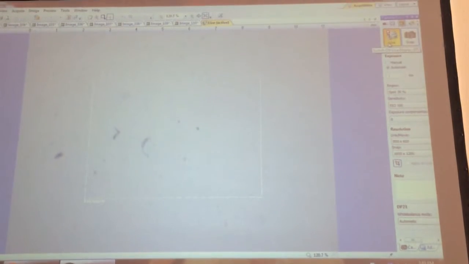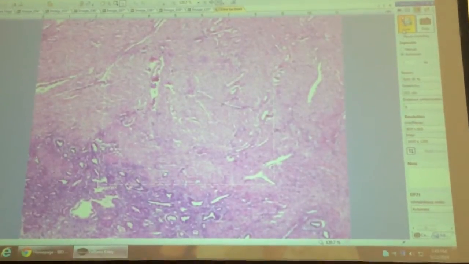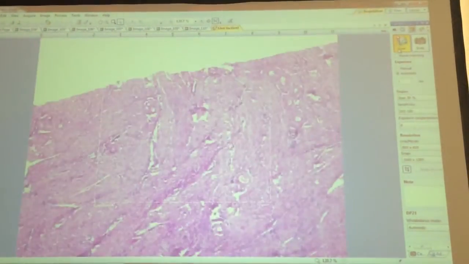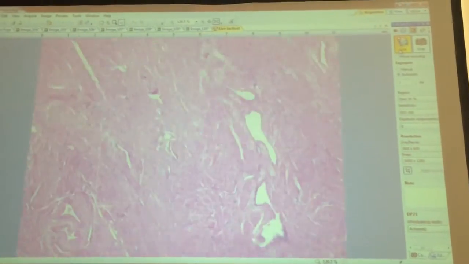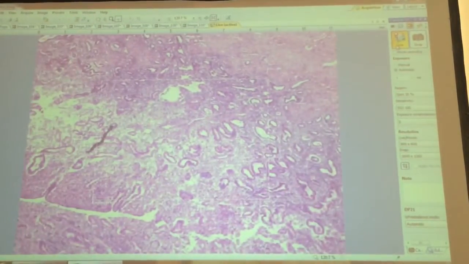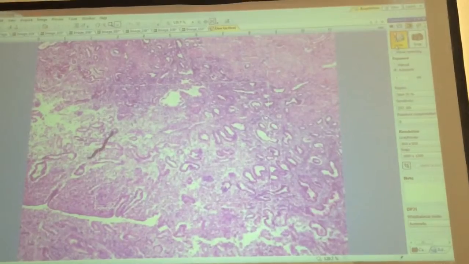Okay, let's look at the menstrual phase very quickly. So here you're looking at the menstrual phase. Okay, that's probably the best place you're gonna get. This is all myometrium, and this should look relatively familiar, kind of like the endometrium we saw before.